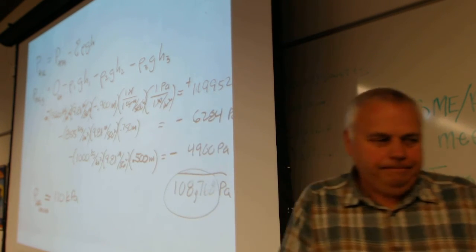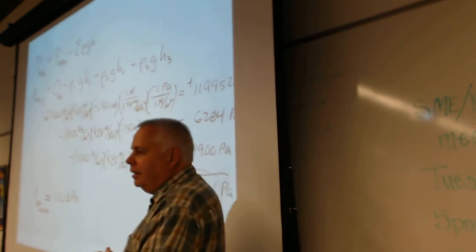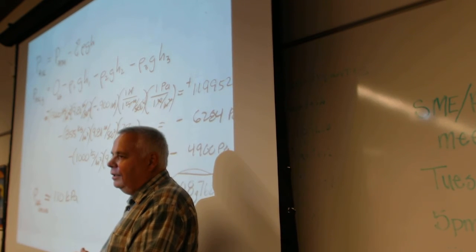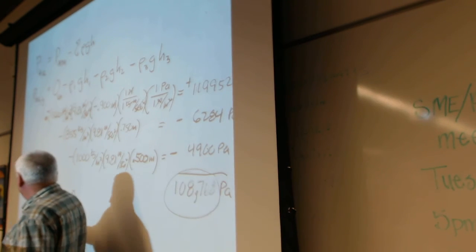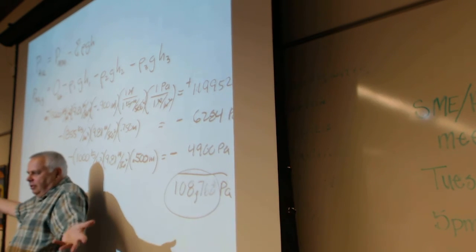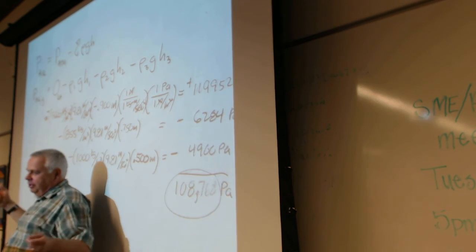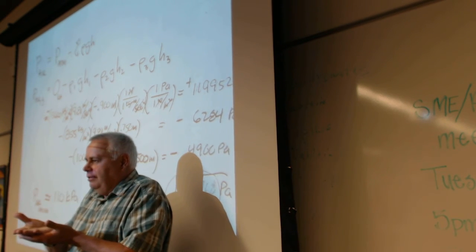Question for you. Yes. I'm following most of this, except I'm a little confused on why for the pressure for the atmosphere we used a 0. The reason for that was we were doing a gauge pressure. So how much pressure is there in the room? Well, there is pressure in the room, but relative to the pressure in the room, it's not different.